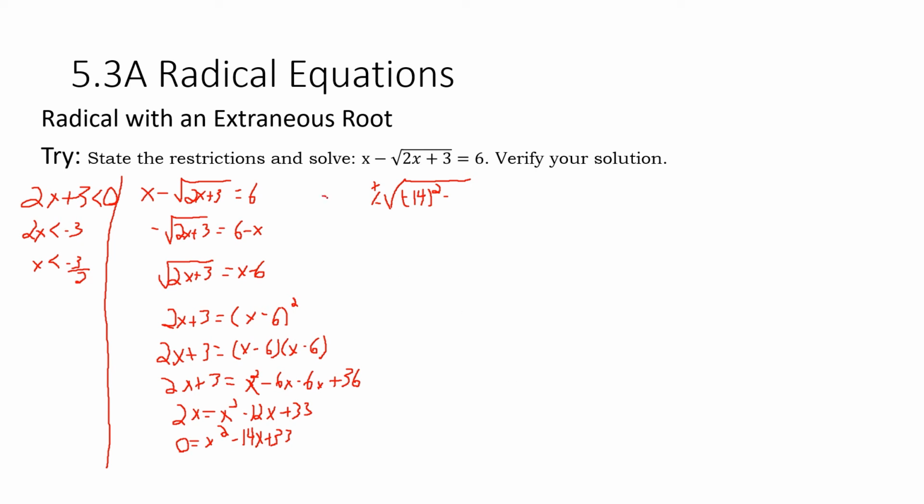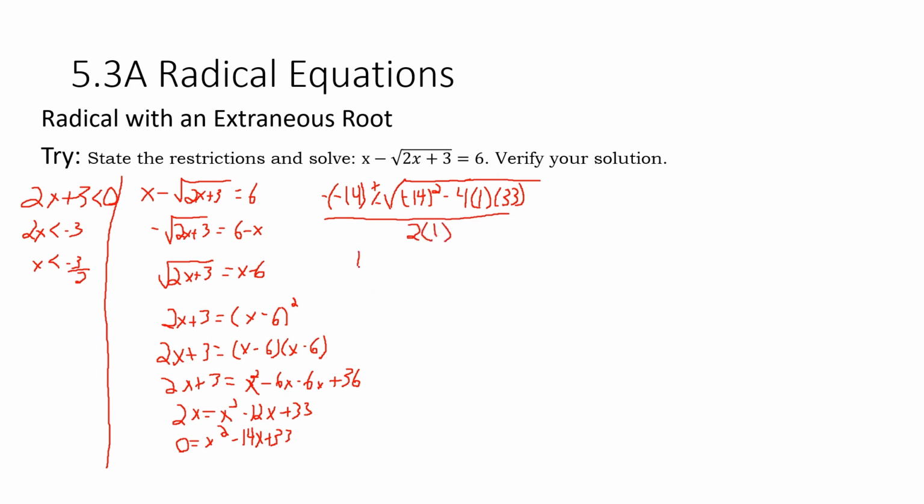So, negative of negative 14 plus minus the square root of negative 14 squared minus 4 times 1 times 33, all over 2 times 1.